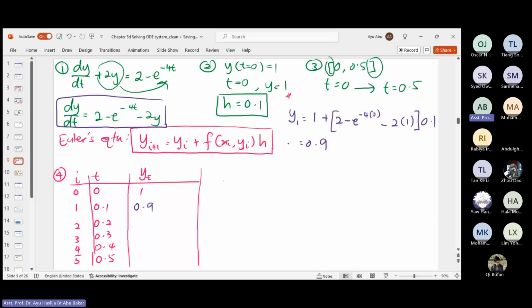So your y1 is 0.9. Then proceed with y2 with the same approach using the previous value. So previous value is 0.9.